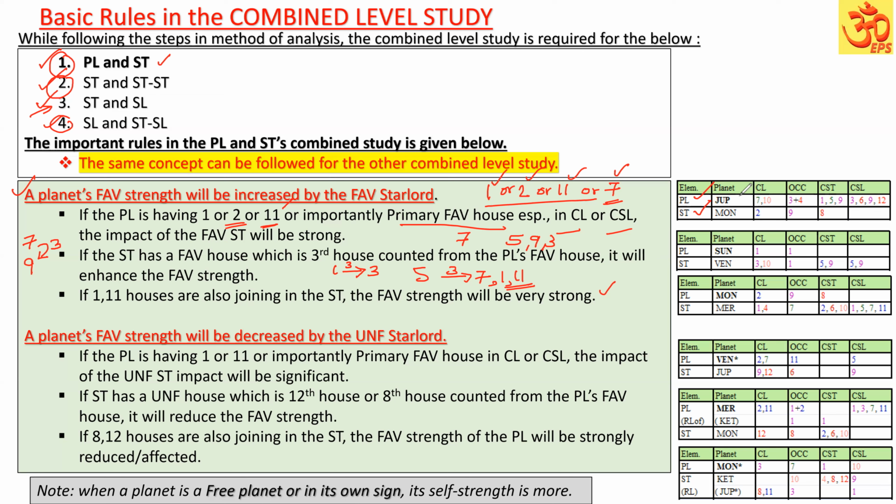You can see that Jupiter is the 7th cuspal lord and also the 10th cuspal lord. So basically, normally in CL we'll have 1 or 2 houses. In those houses, one house may be favorable, another house may be non-supportive or unfavorable for the particular event.